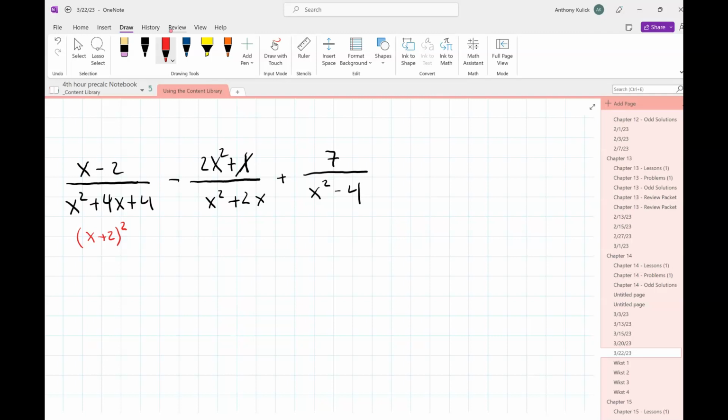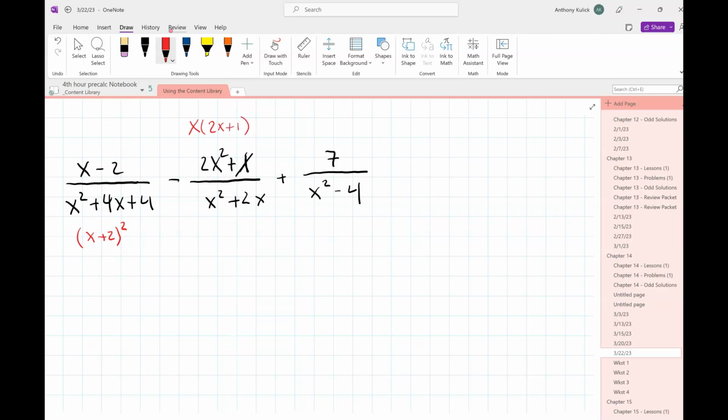So I look at my next fraction. I notice, hey, I can factor both the numerator and the denominator here, right? How do I factor the numerator? Two x squared plus x. Yeah, just take an x out.